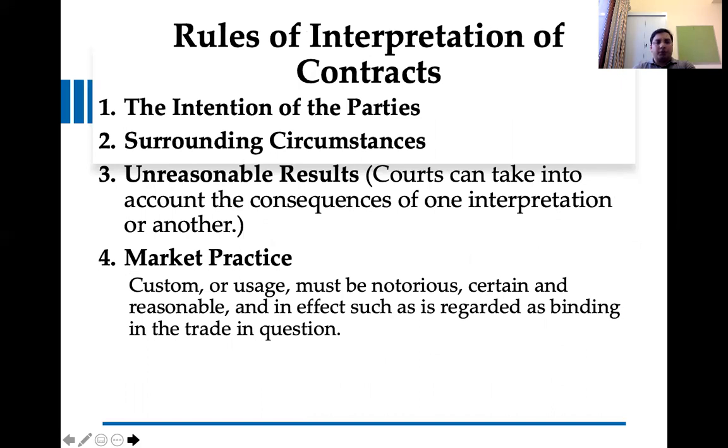There are certain rules of interpretation of contracts, just like a full subject is taught on interpretation of statutes. There are also rules with respect to interpretation of contracts.